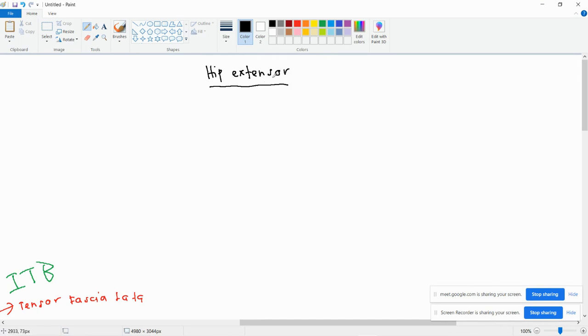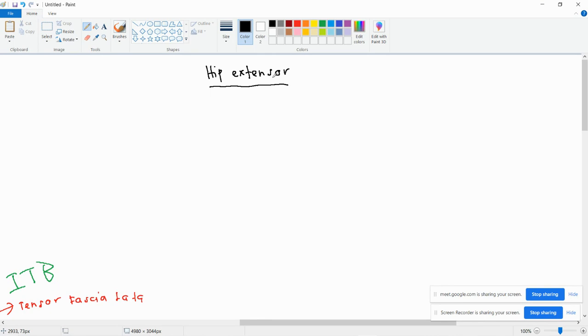All right, hip extensor. Again, when you want to understand how this muscle can produce hip extension, regarding the line of pull, we know that the hip abductor muscles sit on the lateral aspect of the hip joint.